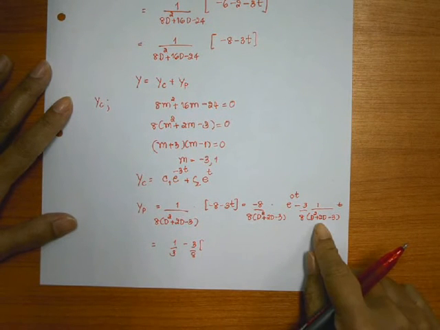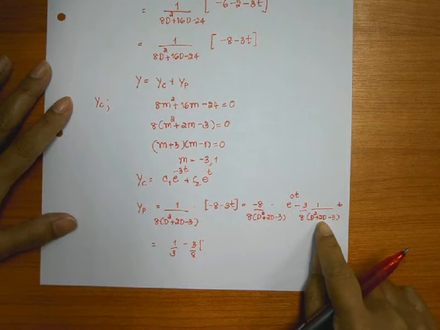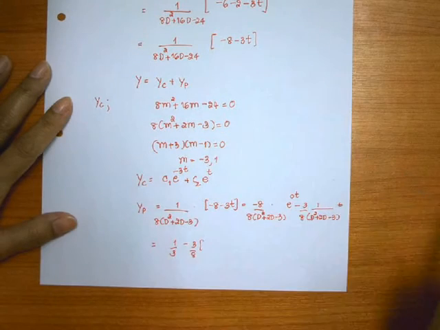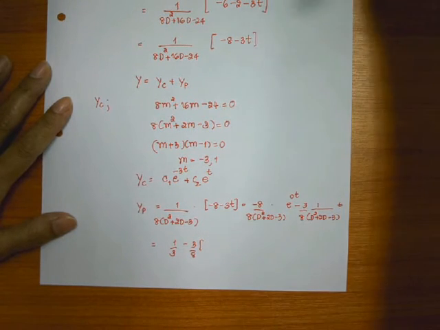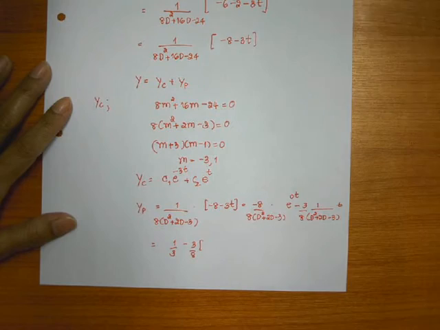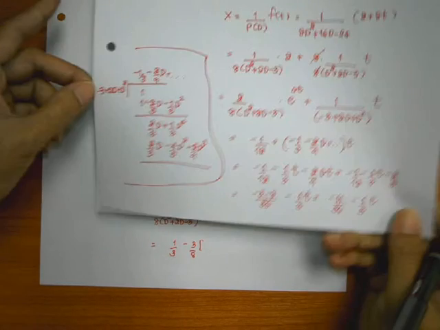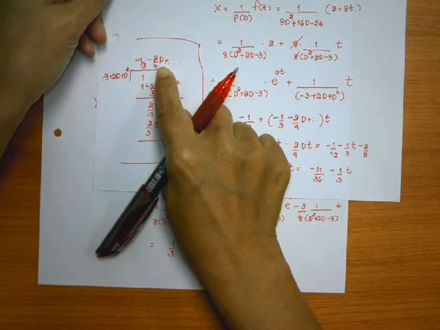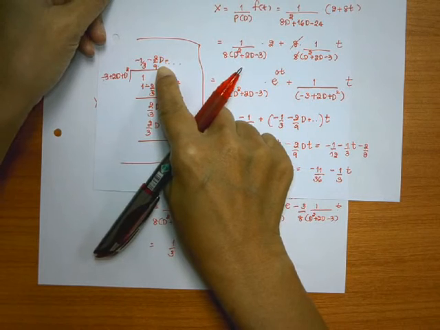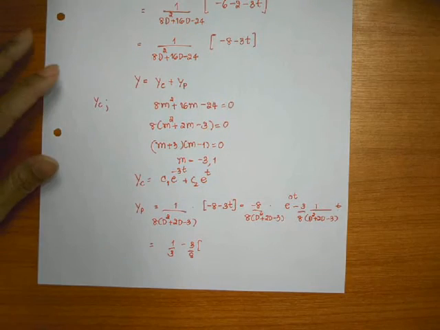We know that in order to find our 1 over p(d) in the form of b0 plus b1t, it is exactly the same as the one when we found the x. So you don't need to do the dividing here again. You just take this one and use it, because it's the same function.